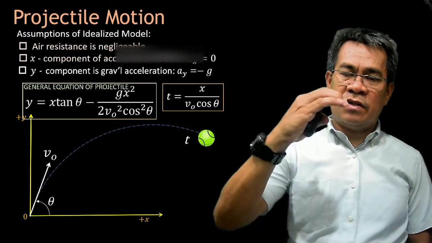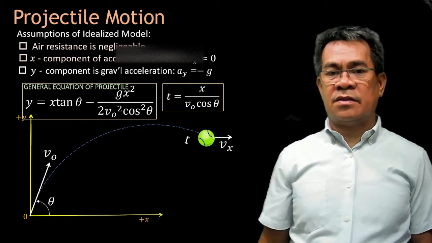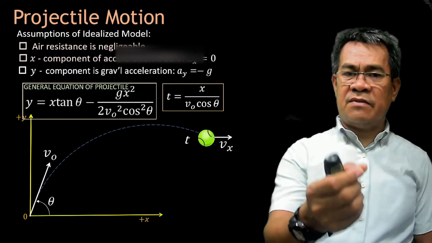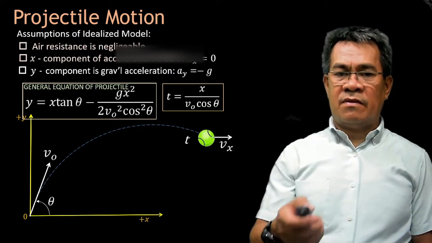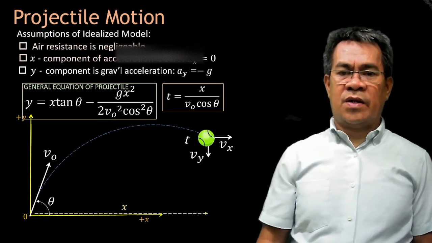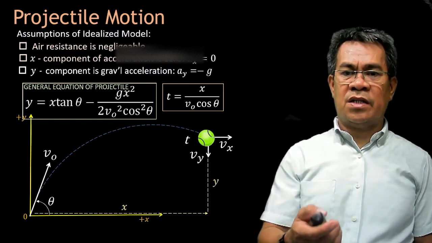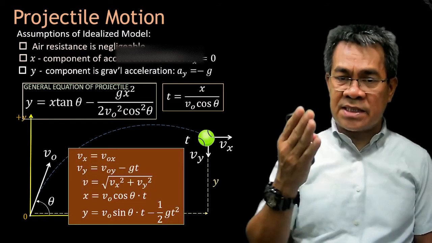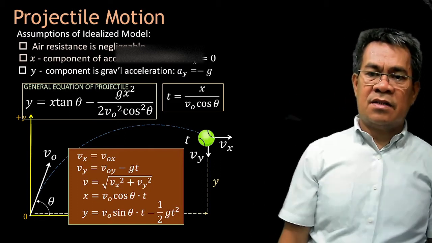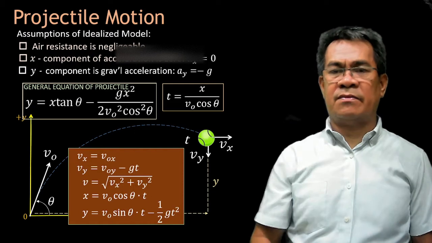So the final velocities are Vx and Vy. Then we can locate the position x and the position y using that formula plus the formulas of the velocities. So just memorize those formulas.